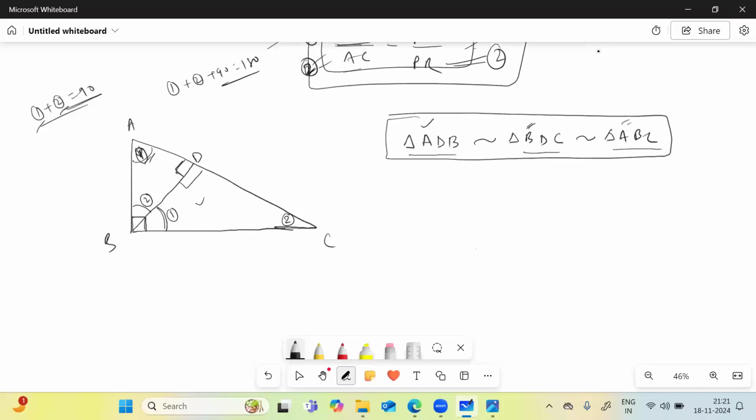So just to give you an example, if this is 6 and this is 8, and the last one is 10, 6, 8, 10. Can you find the side BD? This is a question for you.